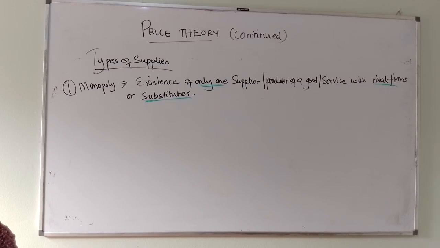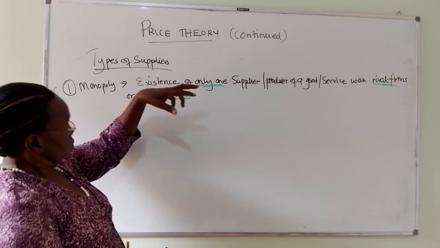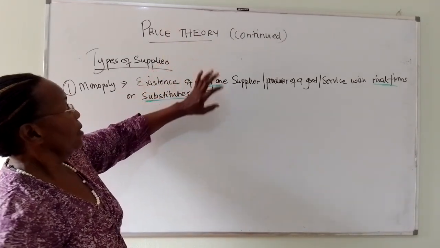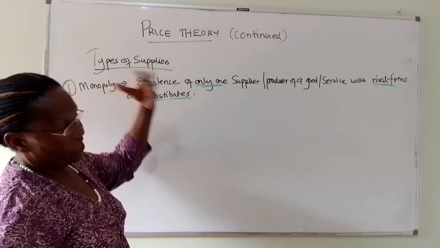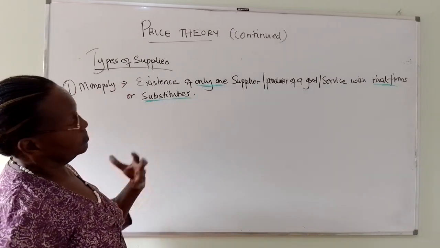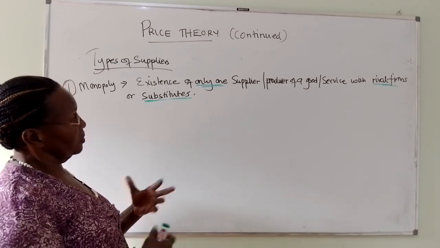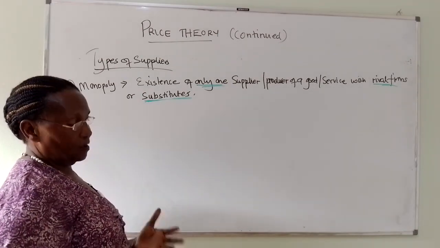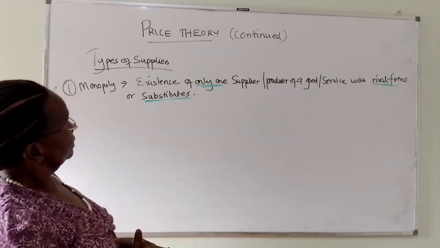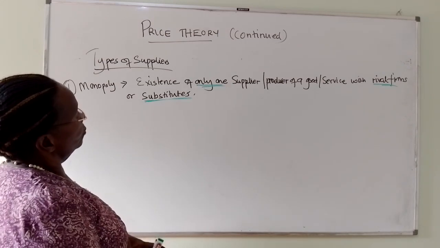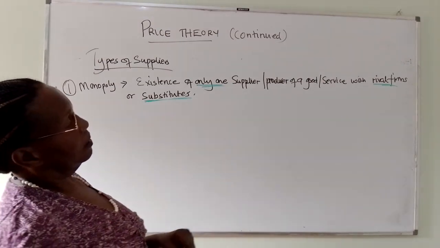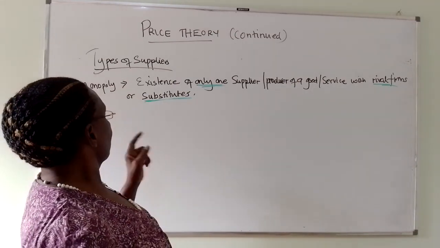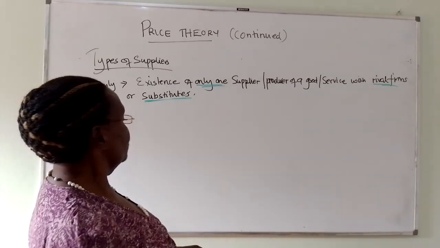But in reality, as our heading shows, this is theoretical. In reality, we don't have such suppliers where commodities don't have substitutes, because it is the consumers who are able to substitute whatever is not available according to their desires and needs. But theoretically, monopoly is the existence of only one supplier of a good or service with no rival firms, and if there are no rivals, it means that nobody is producing any kind of substitute.